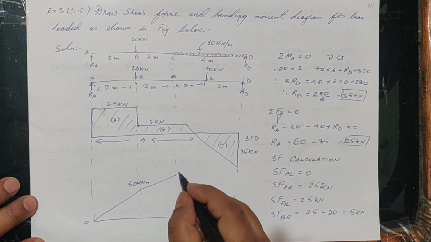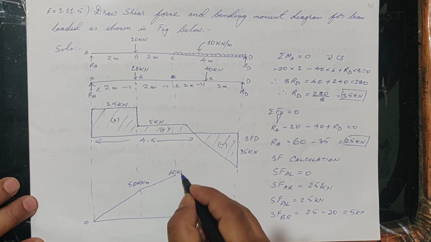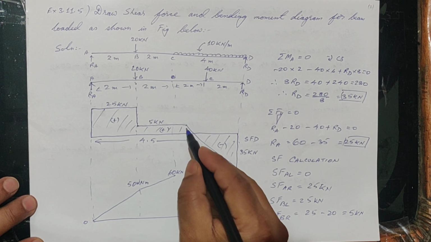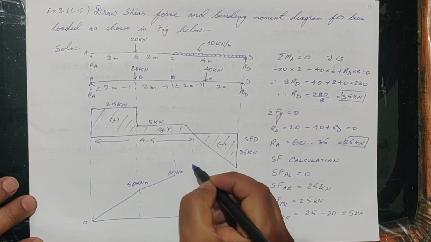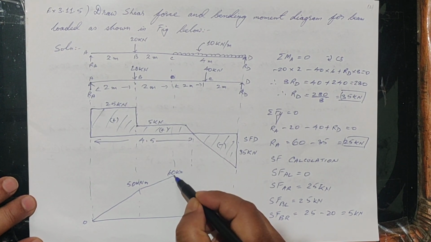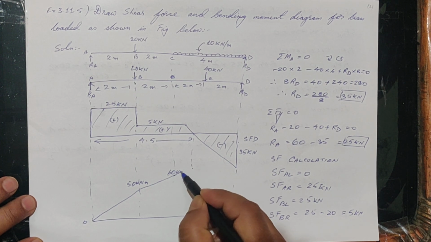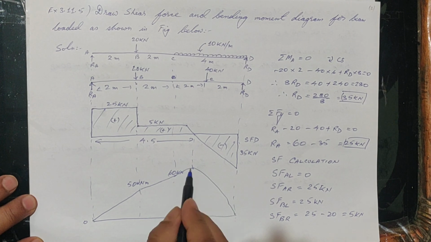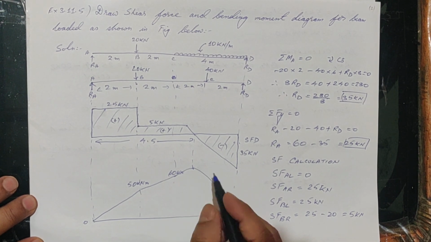Here it is 0. Here we have 60 kilonewton meter. And then we have this curve, which is at the highest point. Here it will be a curve, a parabolic curve.